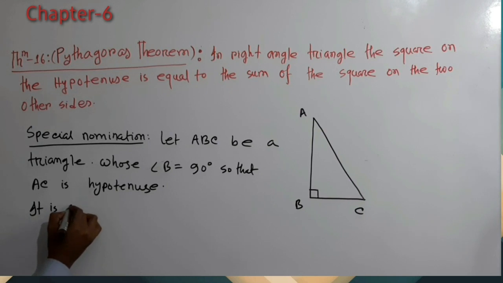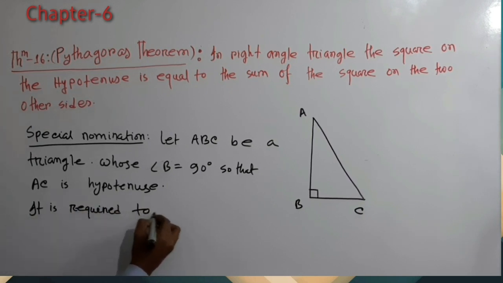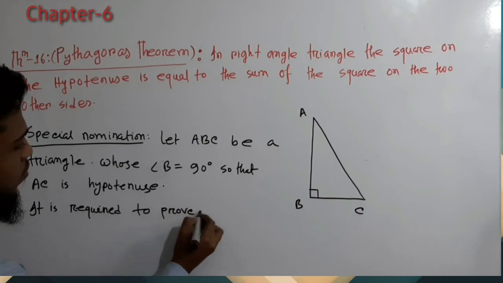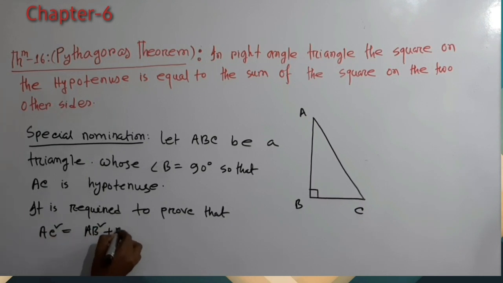It is required to prove that AC square is equal to AB square plus BC square.